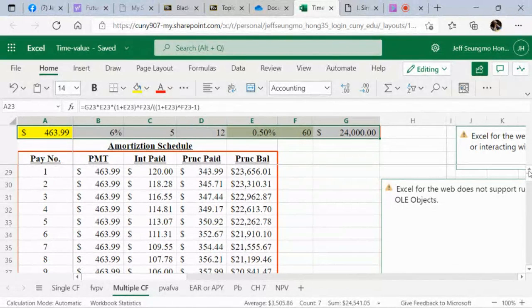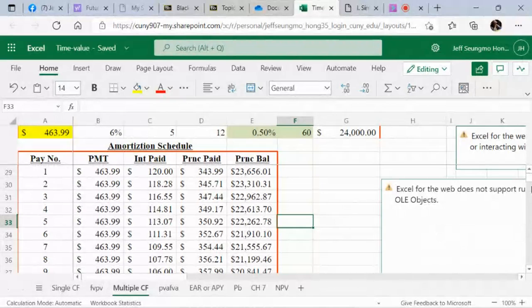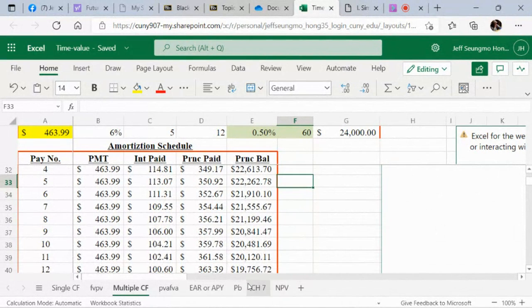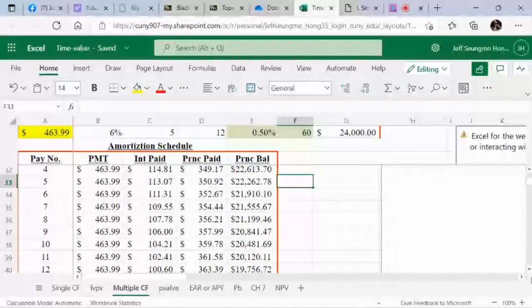Definitely this will land you a job, right? You just display this kind of abilities. Another thing the amortization schedule can tell you is what is your buyout amount.